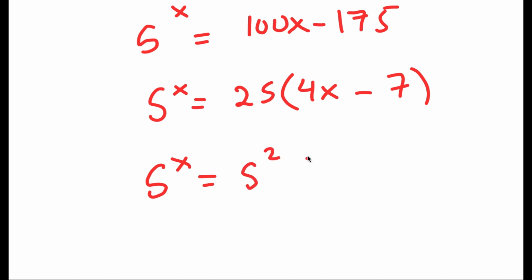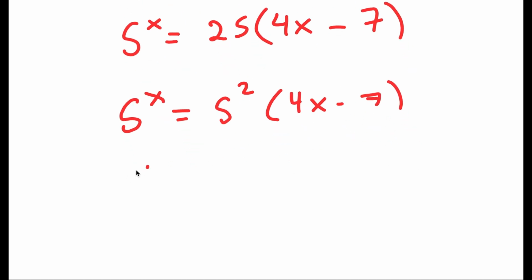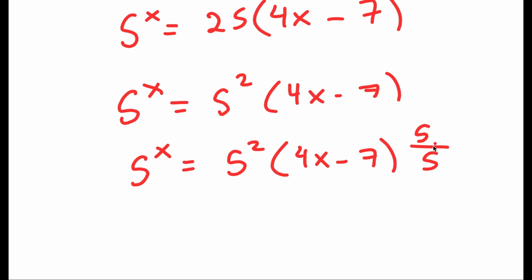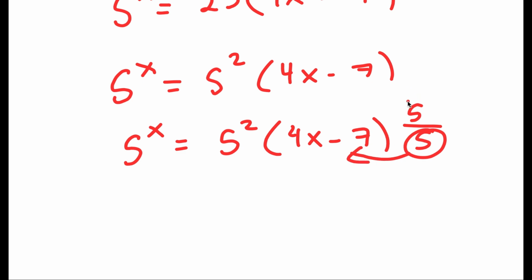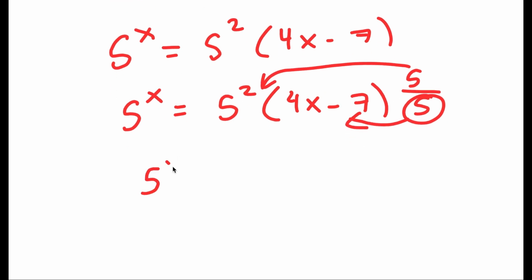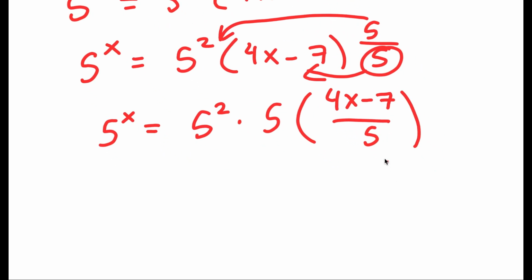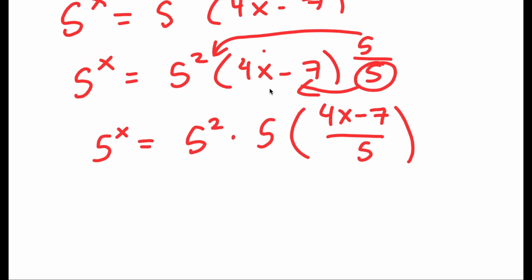So I have 5 squared times 4x minus 7. And now what I'm going to do is multiply my right-hand side by 5 over 5, which is the same thing as 1. And I'm going to move this denominator over here and move this numerator over here. So I get 5 to the power of x is equal to 5 squared times 5 times 4x minus 7 over 5. And these two cancel out, so this is just the same thing.